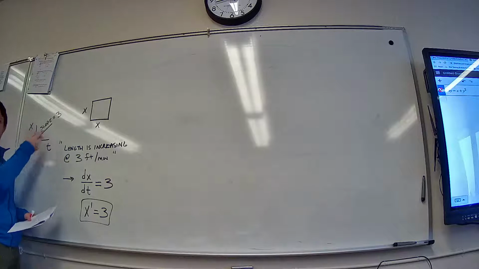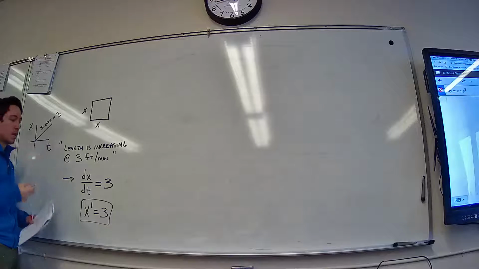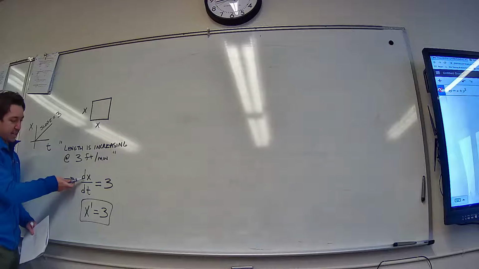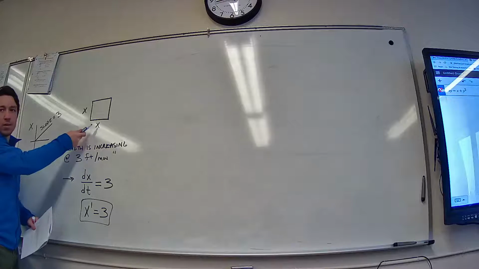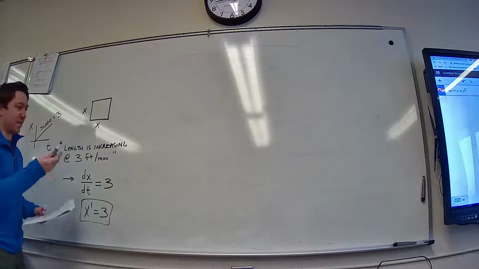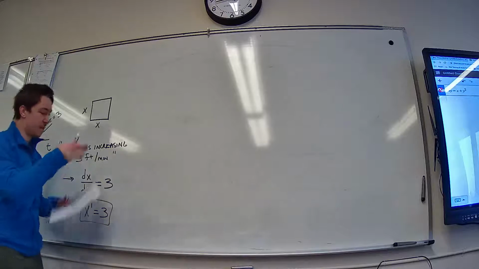Does that make sense? Some people get so annoyed by the x that they'll make this an L or an A or a B, or even a Y, because that makes them feel less confused.